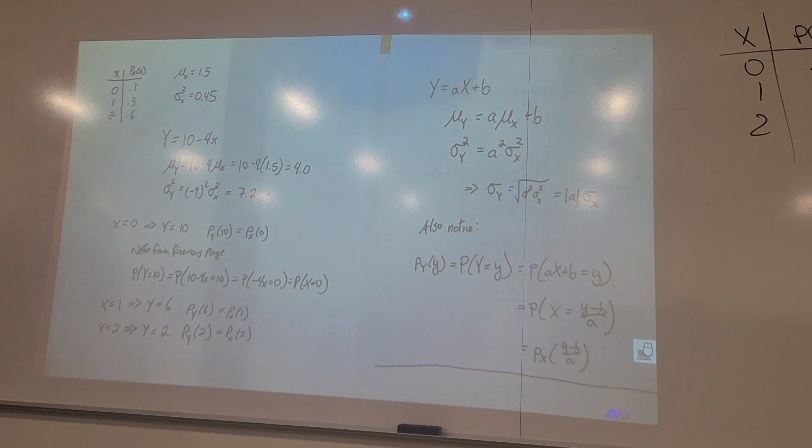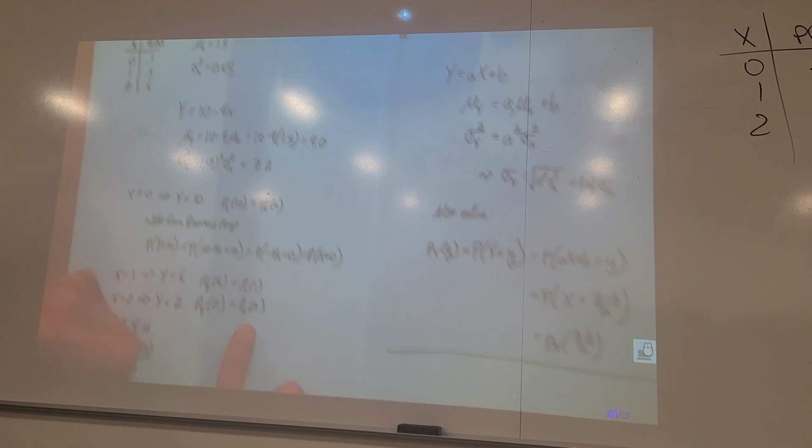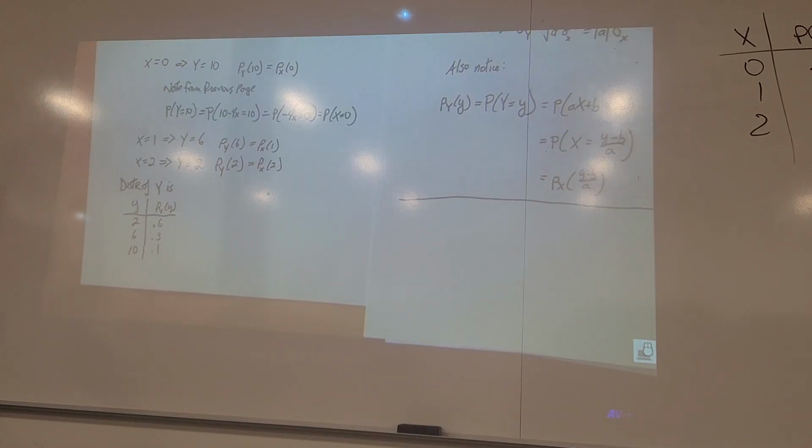So the probability distribution of y is, y can take on values 2, 6, or 10, with probabilities 0.6, 0.3, and 0.1. And then we see that 4 drop out. Does that make sense?